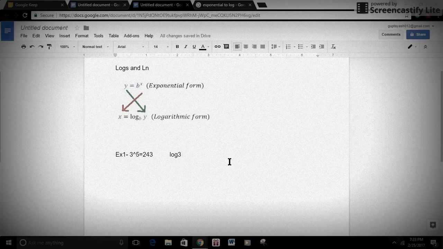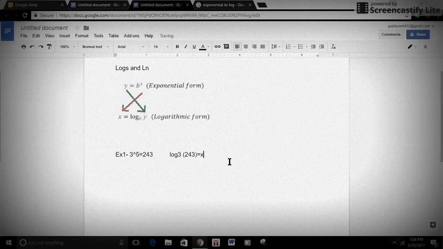That's like one constant in a way. So log 3 times its y value, which is your exponent. So times it by 243. And it's going to equal 5, which is your exponent.